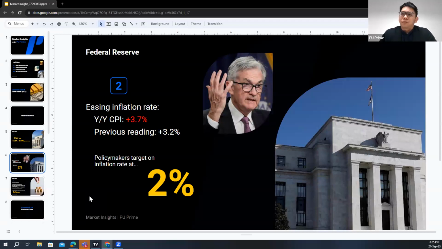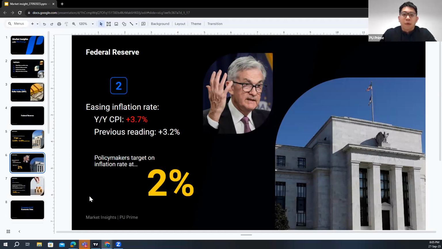This means that despite the Federal Reserve being able to tame inflation from above 8% since early in the year, and it gradually came down to 3.2% two months ago, here we come, there's a sign that inflation has a slight increase, mainly perhaps due to the increase in energy cost.